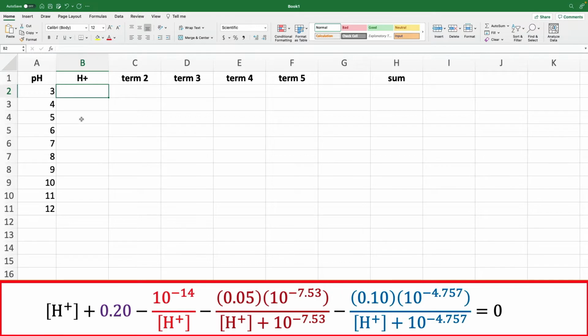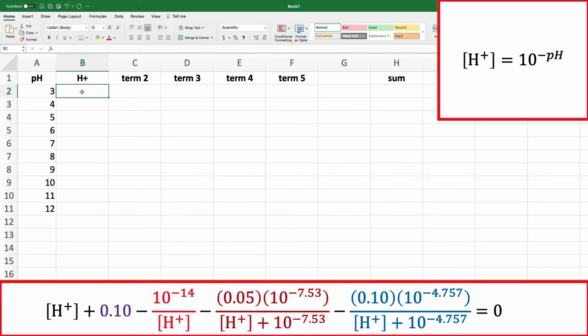So I'm going to make a column for H+, and remember that H+ is 10 to the minus pH, so that's what I'm going to do here. We're going to make a formula that calculates H+, and again, anytime you use a formula in Excel, you have to start with an equal sign. Don't forget that. So this is 10 to the minus pH, so we're going to do 10, and anytime you do an exponent, you're going to use the little caret sign.